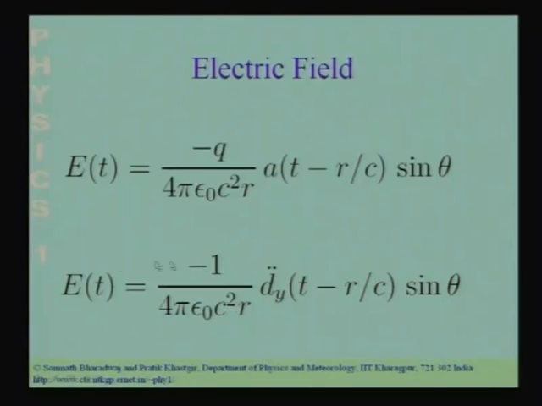If I have an electric dipole, positive and negative charge, which is oscillating, it could be set into oscillations in a variety of ways. I could have real physical oscillations of a dipole, or a positive and negative charge moving up and down. I could have a dipole which is rotating. All of these situations give you an oscillating dipole, and there are a large variety of other situations also. All of these can be thought of as an oscillating dipole, and the electric field pattern produced by this is given by the expression over here.